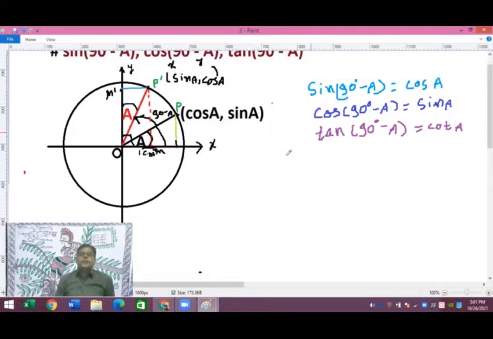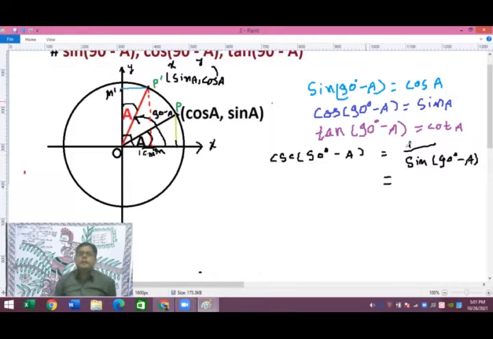Reciprocals in the sense that cosec(90° − A) means 1 by sin(90° − A), and since sin(90° − A) is cos A, you can write 1 by cos A, which is sec A.